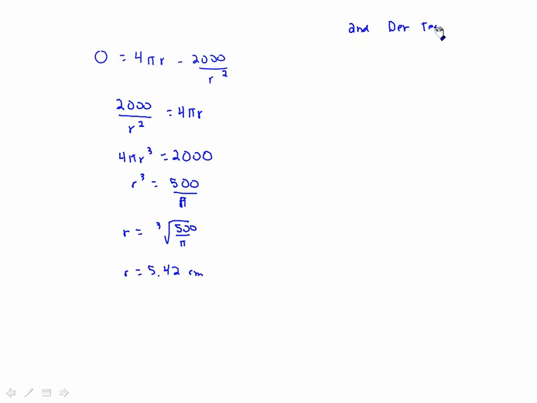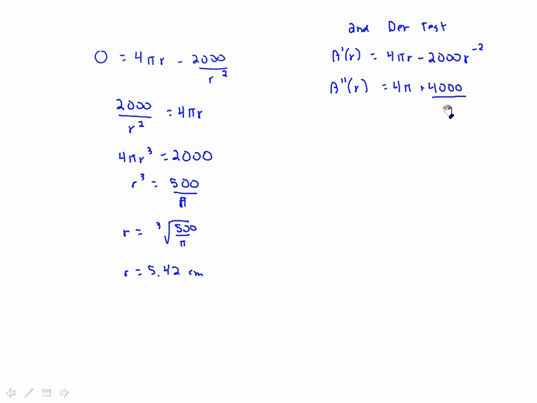So I'll do the second derivative test. A prime at r is equal to 4 pi r, and then make sure you put this in its easier form to work with, so minus 2000 r to the negative 2, so that when you take the second derivative, you'll get 4 pi plus 4000, when you multiply that out, r to the negative 3.